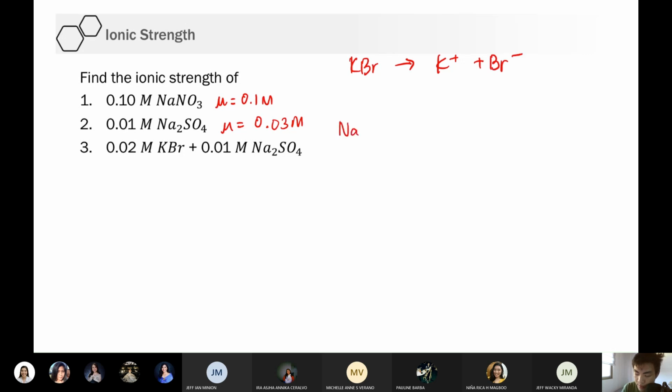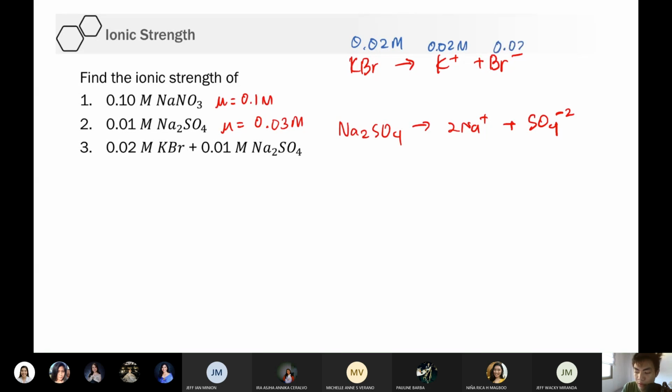Sodium sulfate will dissociate as 2 moles of sodium ion and 1 mole of sulfate ion. We have 0.02 molar of KBr. What will be the concentration of K plus when it dissociates? It will be just the same.